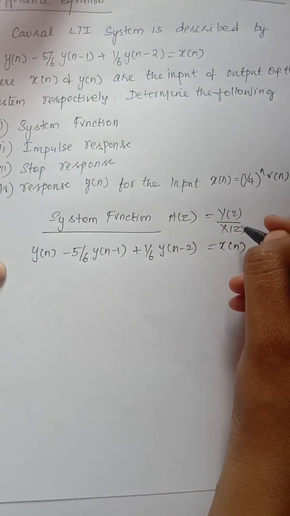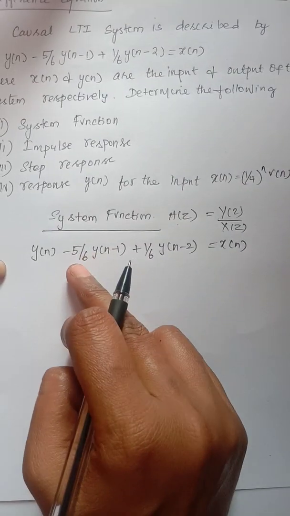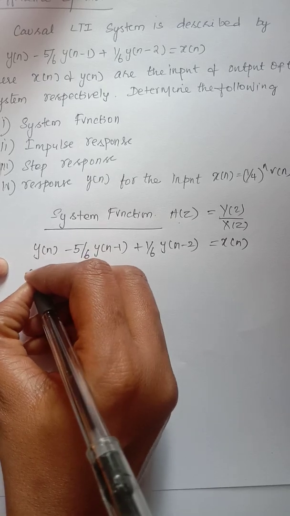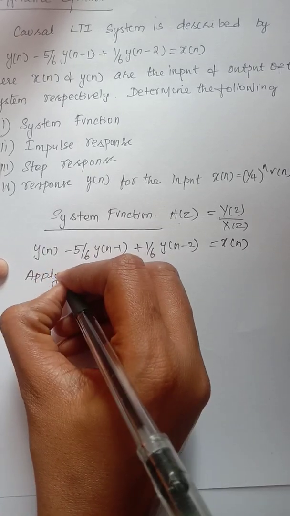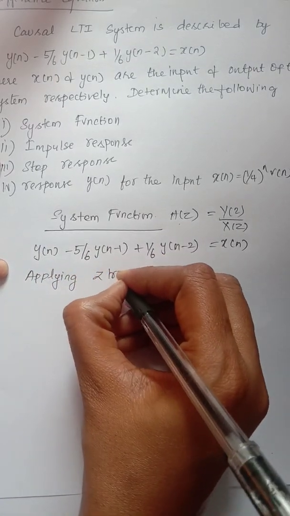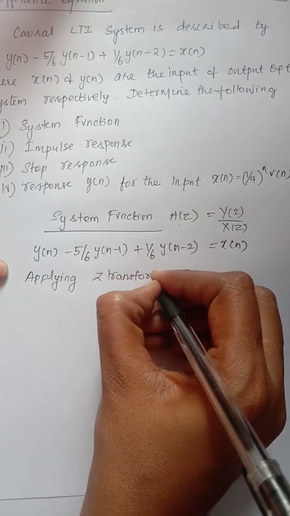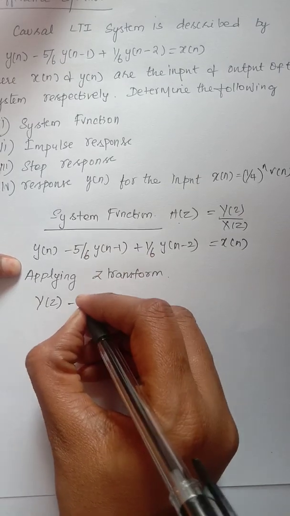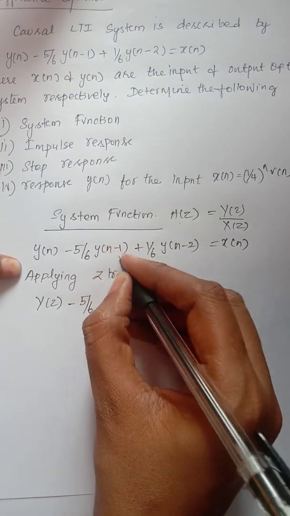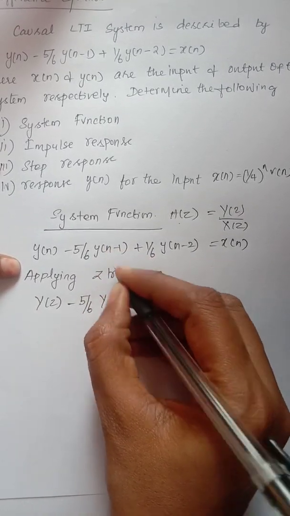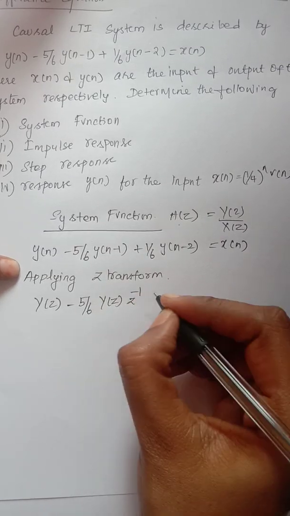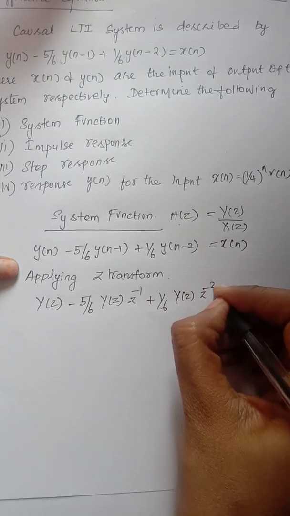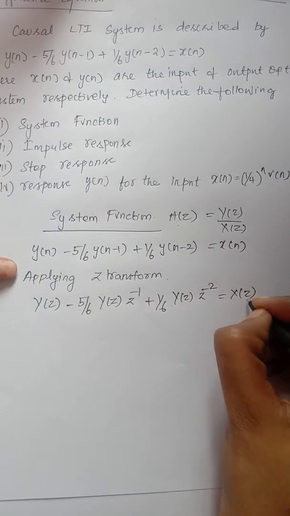Since a difference equation is given, we apply the Z transform. When you apply the time delay property, you get z power minus 1, so we get Y of z minus 5 by 6 Y of z z power minus 1 plus 1 by 6 Y of z z power minus 2 equal to X of z.